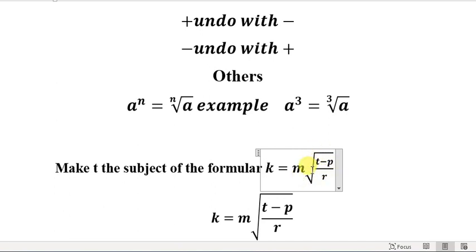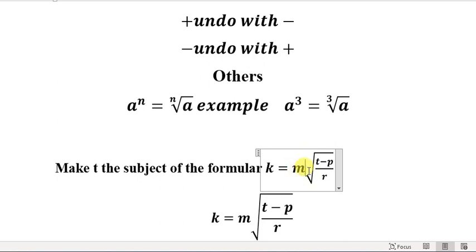Now, looking at the question given, this implies we cannot straight away take t out from this radical sign. Rather, break down the operation that is happening outside first. Now we see m to be multiplying the radical, or multiplying whatever be the result of the radical operation.